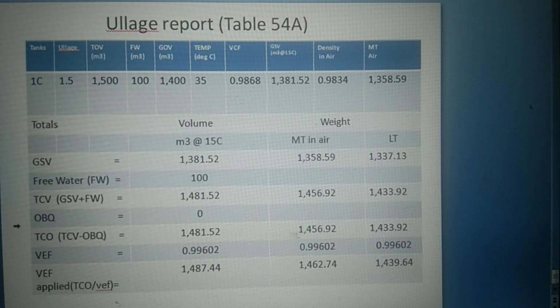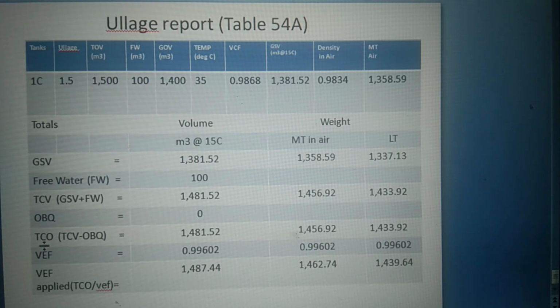Okay guys, now we will record also the OBQ, on board quantity. So we don't have on board quantity, that means our cargo tanks before loading are nil. All our cargo tanks before loading are empty. Okay, so we have OBQ 0. Okay guys?